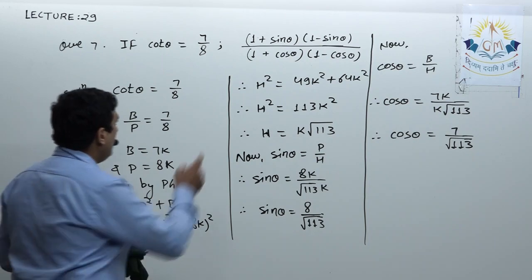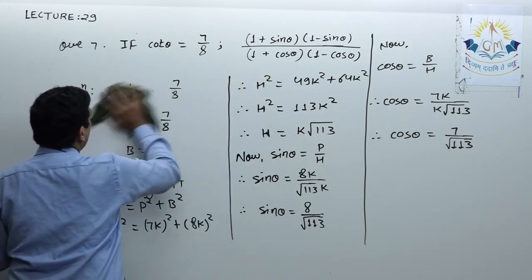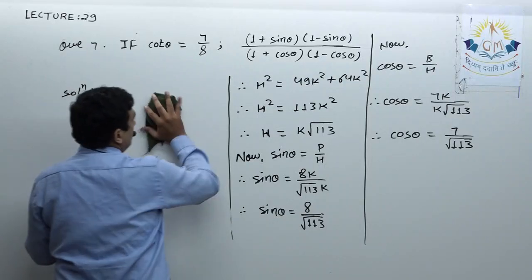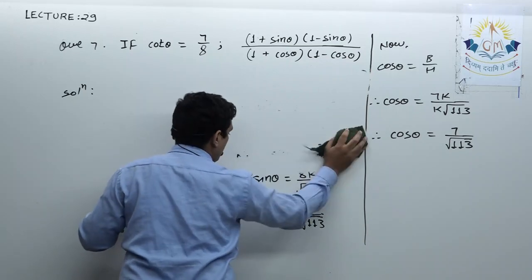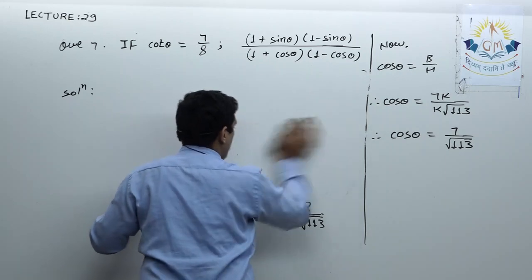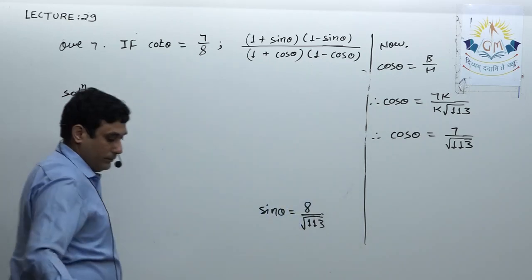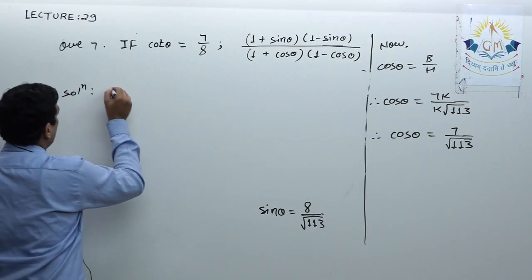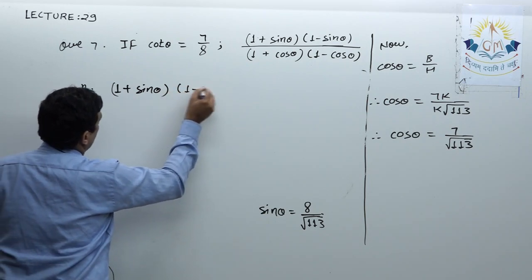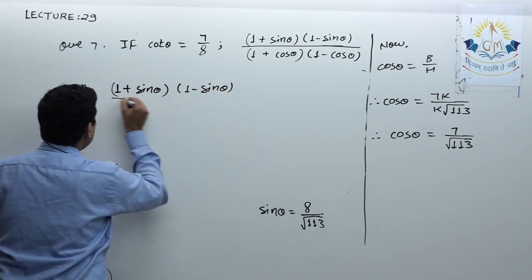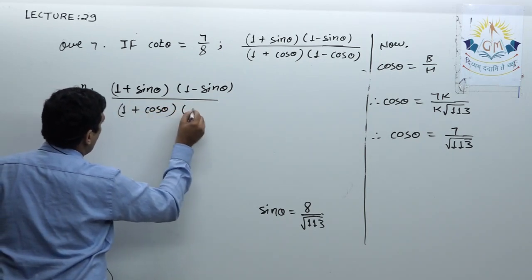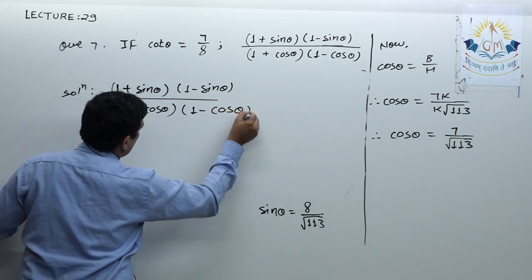Okay, so now we'll simplify this and then we'll put the values of sin theta and cos theta. Okay, so 1 plus sin theta, 1 minus sin theta upon 1 plus cos theta into 1 minus cos theta.